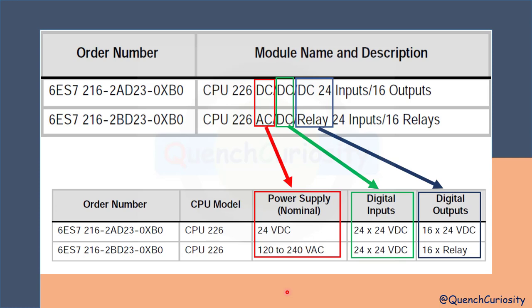For our PLC, it is of type DC, DC, DC. So now we know what type of input I have to give to energize the controller, what type of input supply it is going to entertain, and what type of output supply it is going to handle.